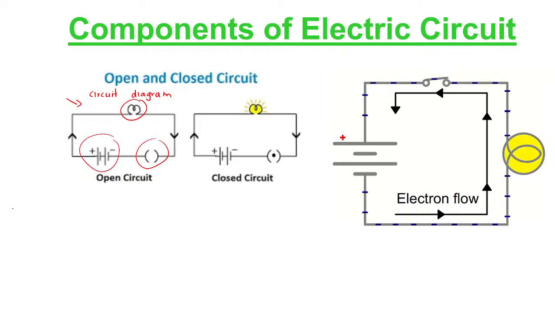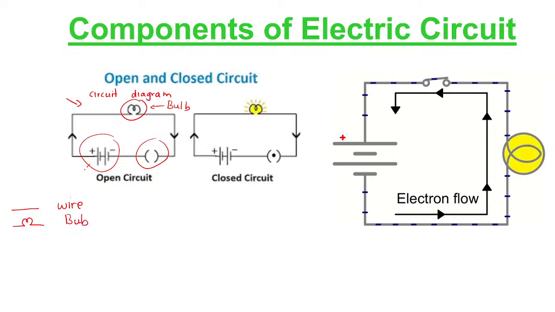The straight lines that you can see in the circuit diagram represent the wire. Now the symbol that you can see over here is the symbol for a bulb.